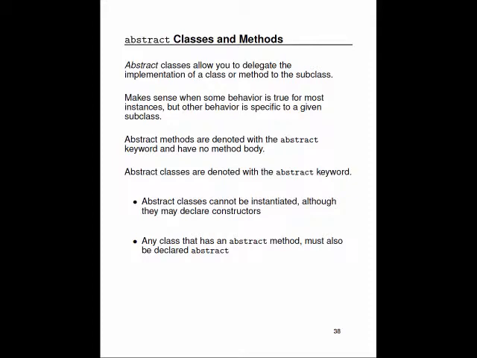You can watch the screencast for object-oriented programming to get more details on this, but you can have these partial classes that have some methods that are implemented and some methods that aren't implemented. You'll see the abstract keyword in a couple of places, and actually you'll see it in our assignments also.